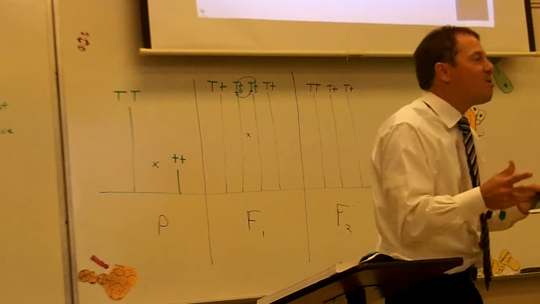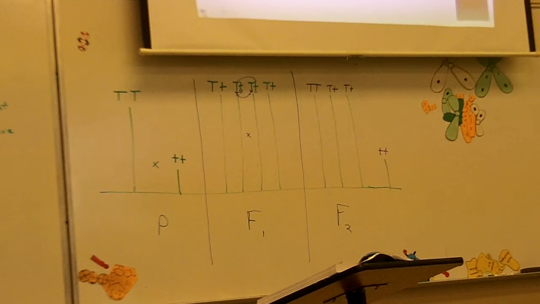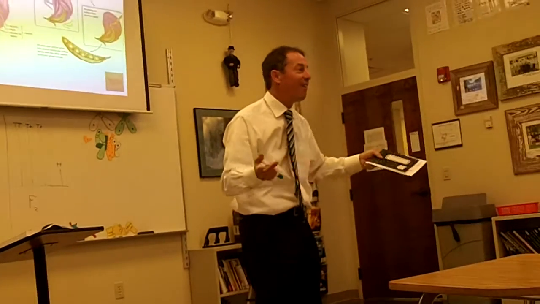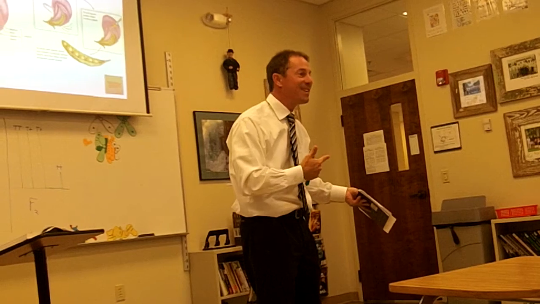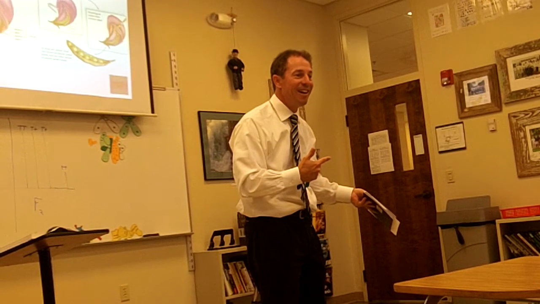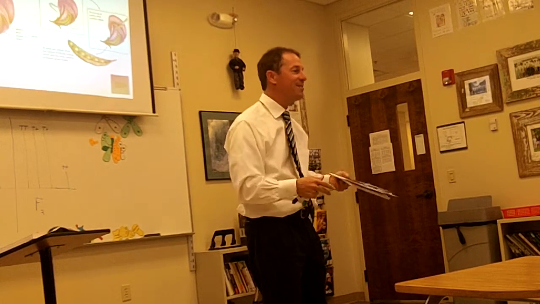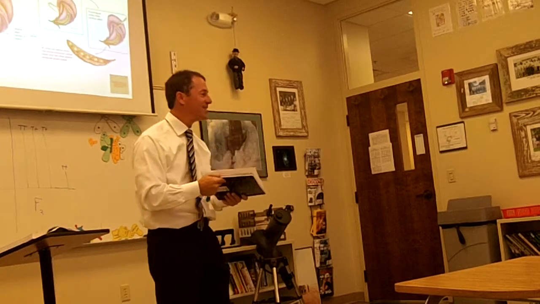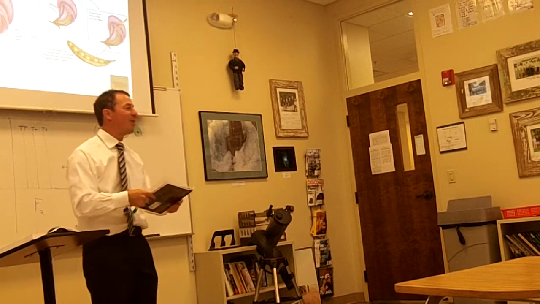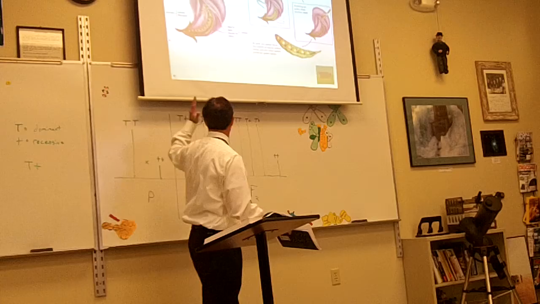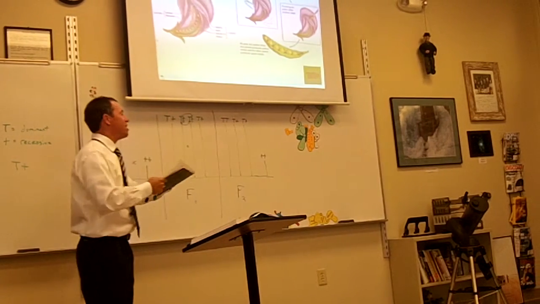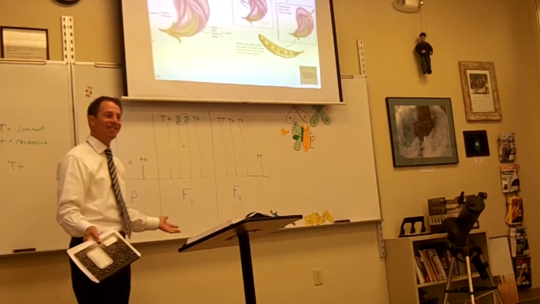And like 40 years later, in other parts of Europe, the scientists of the day were trying to figure out how genetics works. Somebody showed them Mendel's work, and they said, he already figured this out 40 years ago. So Mendel's kind of famous for that, and they named this whole idea of dominant and recessive Mendelian genetics.